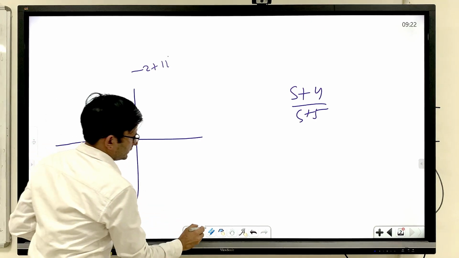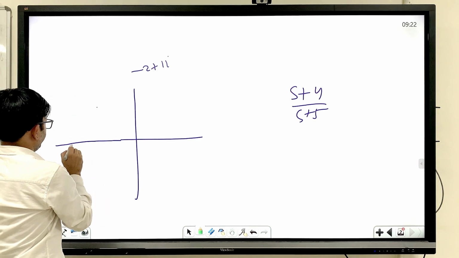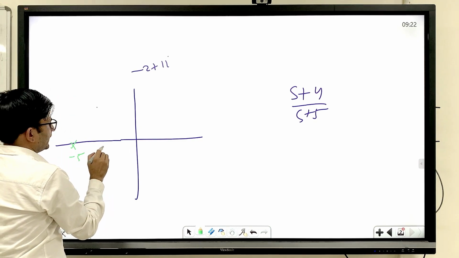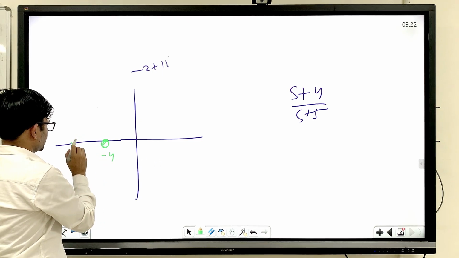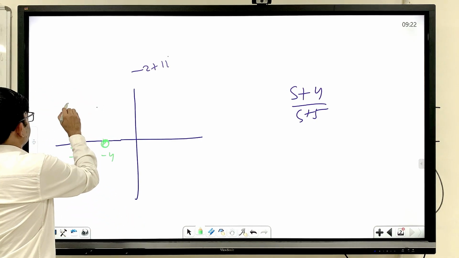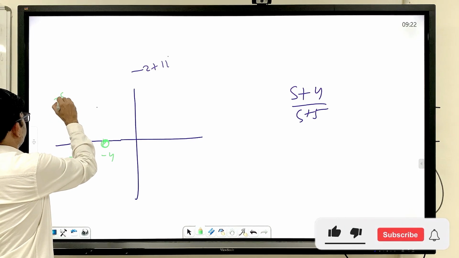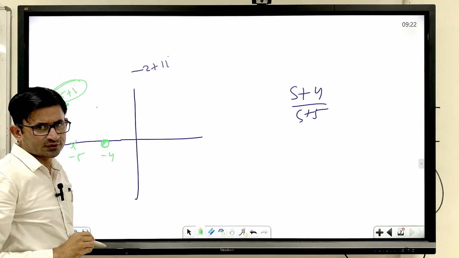I can locate 5 here, and 4 I will locate here. I generally circle zeros and cross poles. Now this is a point, for example, you may call it 5 plus i, you can say this coordinate.